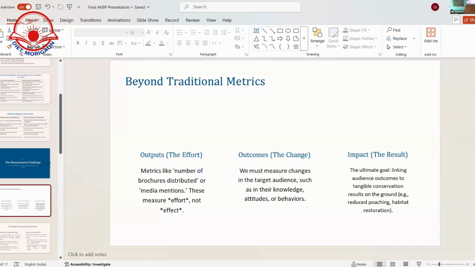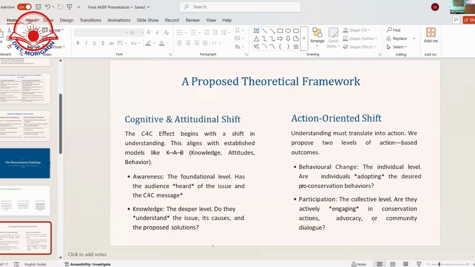We must measure changes in the target audience, such as in their knowledge, attitude, or behaviors. Then we can go for the study of the impact. The ultimate goal is impact study, linking audience outcomes to tangible conservation results on the ground. For example, reduced poaching, habitat restoration, all these can be taken into account.